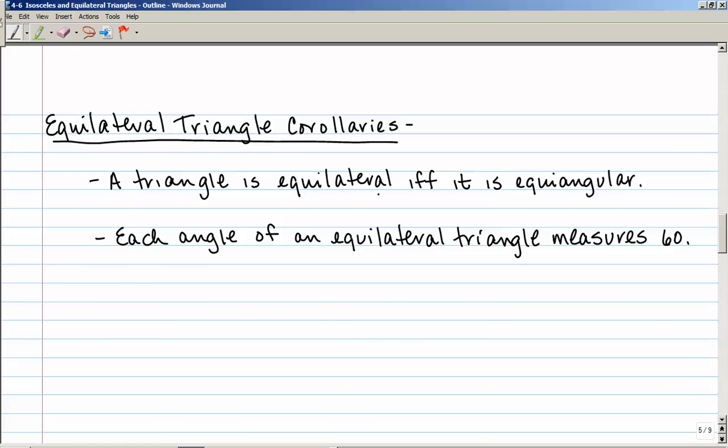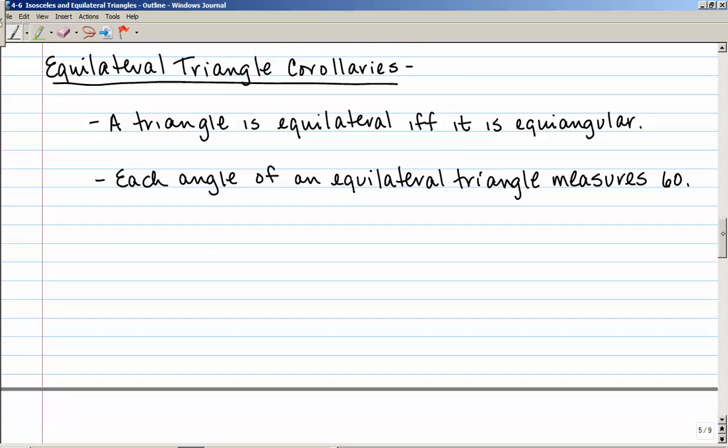So if all 3 sides are equal, then all 3 angles have to be equal. And conversely, if all 3 angles are equal, then all 3 sides have to be equal. And then each angle of an equilateral triangle measures 60. So if all 3 of the angles are the same measure, and those 3 angles have to add up to 180, then each angle of an equilateral triangle is 60 degrees.